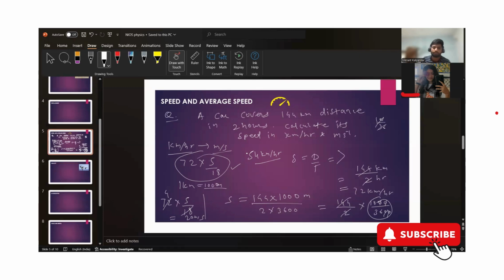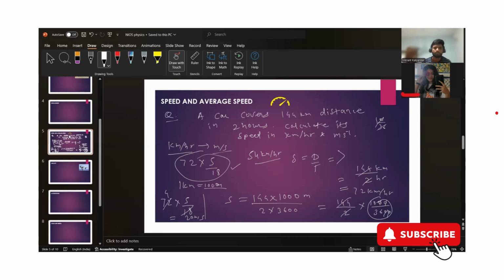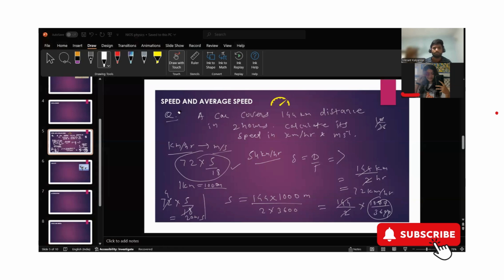You are provided with a speed that is 54 kilometer per hour, so just convert it into meter per second. 15 meter per second.